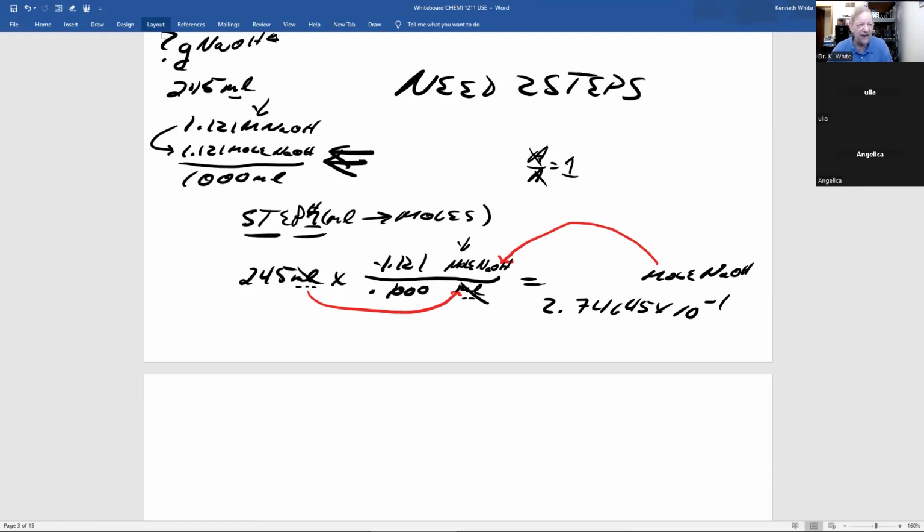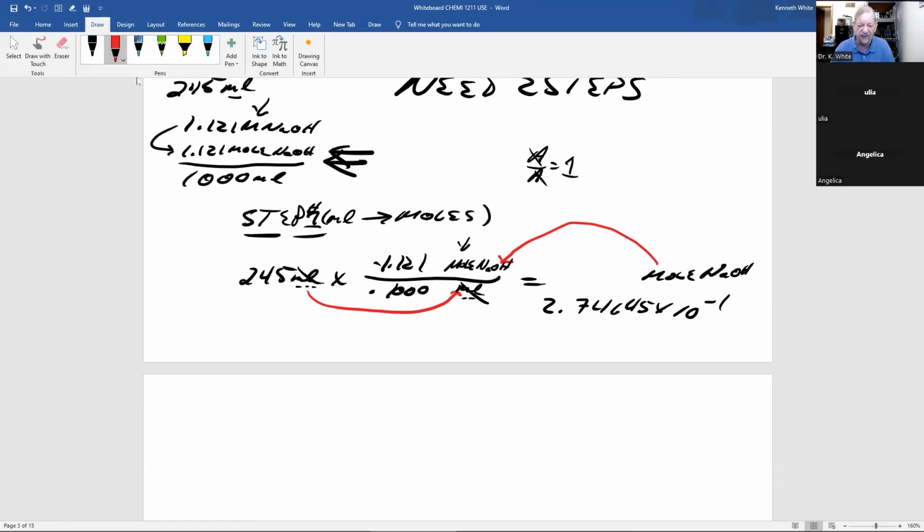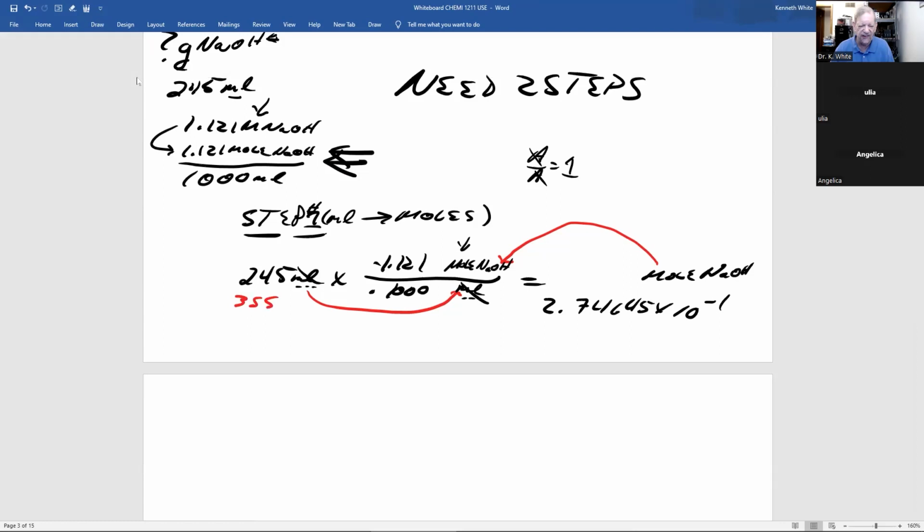But it says on test number 3, please use proper significant figures for all calculated answers. 3 significant figures, 4 significant figures. Well, my answer should be 3 significant figures. You get the same number of significant figures in the answer as the number with the lowest significant figures you're multiplying or dividing by. 1, 2, 3.